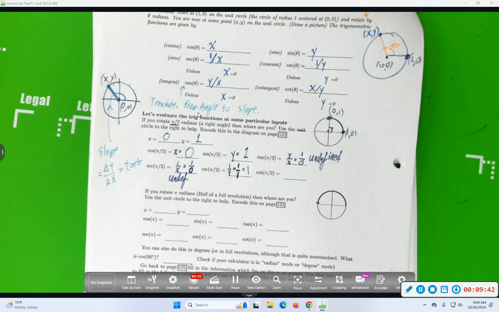How about cotangent? Ooh, maybe I'll give this as a multiple choice.